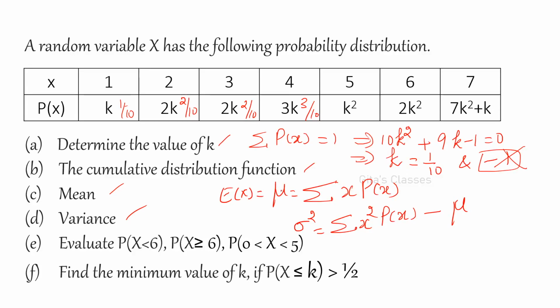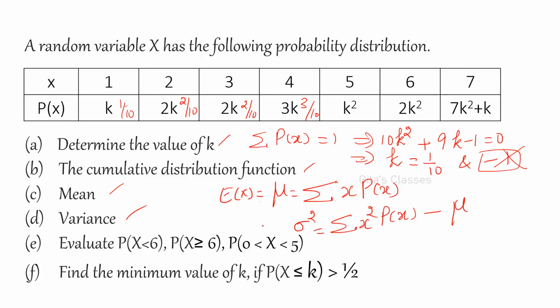Expectation of X. And after finding the value, K value is 1 by 10 and all, after substituting you can find out. P of X strictly less than 6 means 1 to 5. And greater than or equal to 6 means you have to consider 6 and 7. Just substitute the values and K value and after that you have to find out.